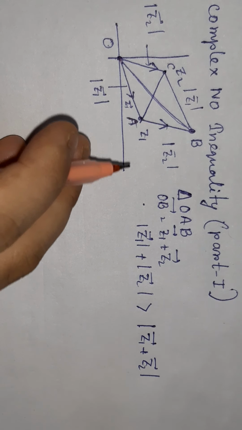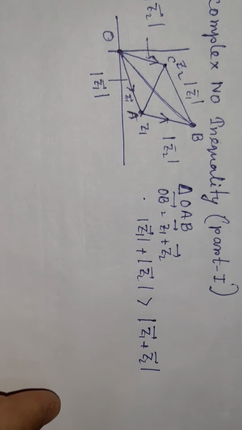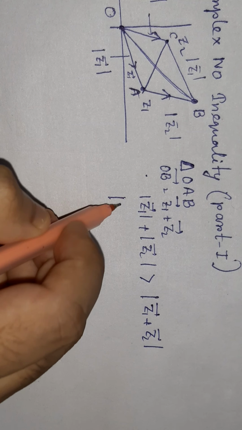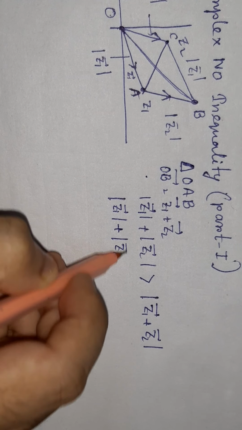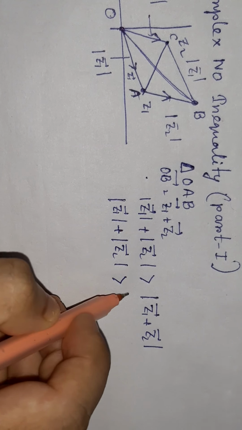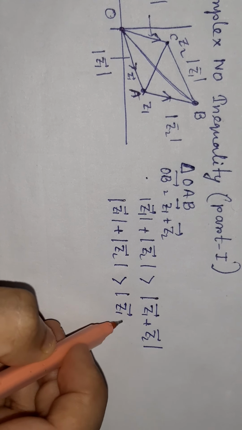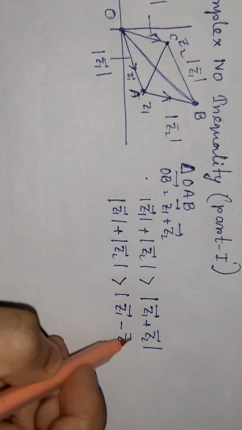And similarly, by reversing the direction of Z2, we can also write that modulus of Z1 plus modulus of Z2 is greater than modulus of Z1 vector minus Z2 vector.